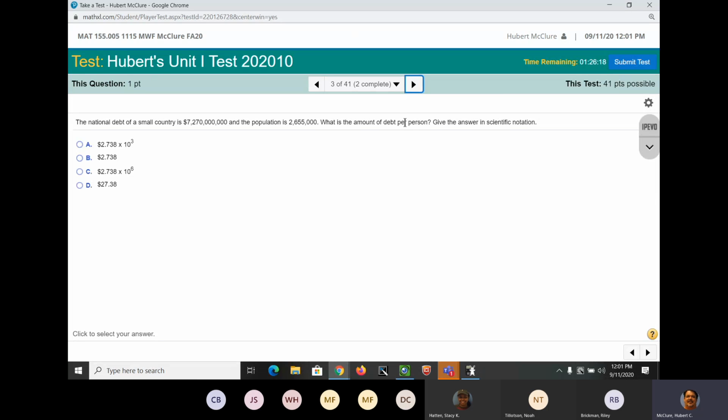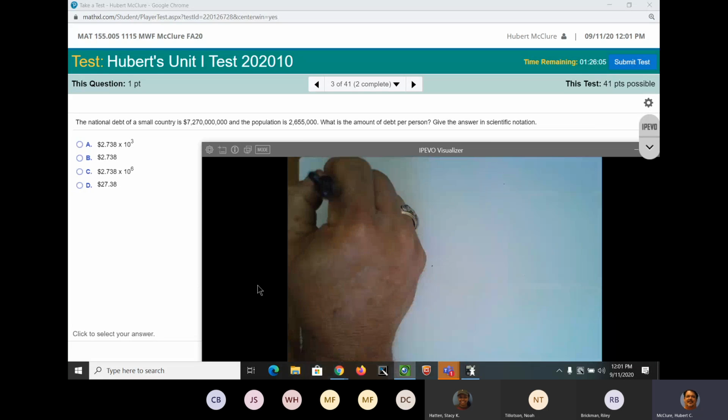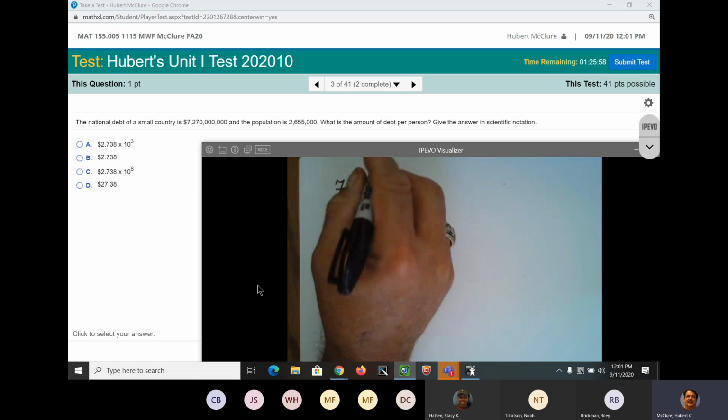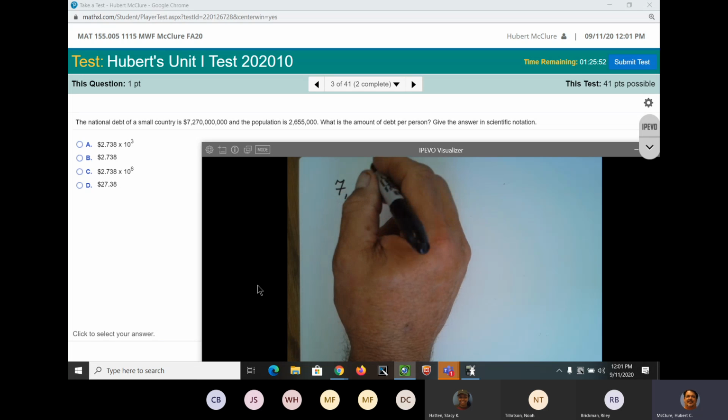Per means divide. Person means population. So I'm going to take my handy dandy marker and I'm going to say 7 billion, or 7 trillion, I can't remember which.